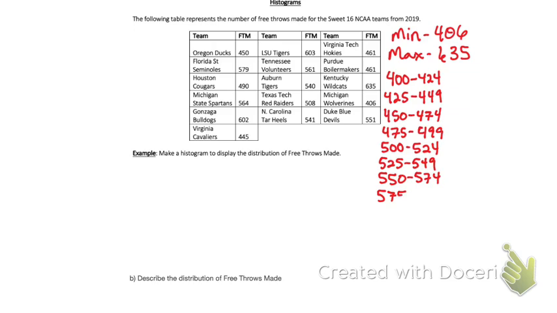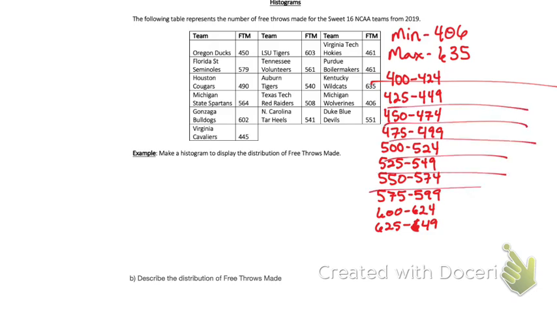This is like the annoying part of statistics, making graphs. 600 to 624, and then 625 to 649. Okay, cool. So these are going to be our groups.